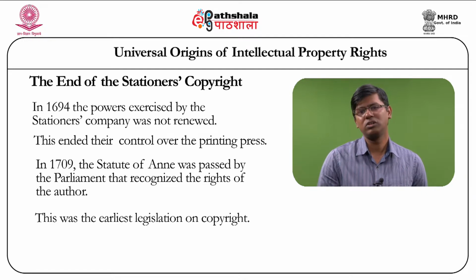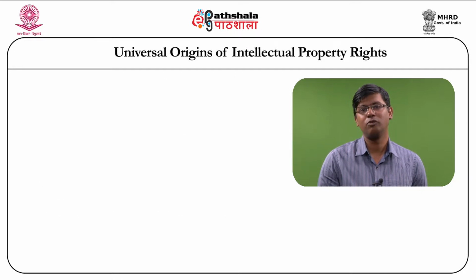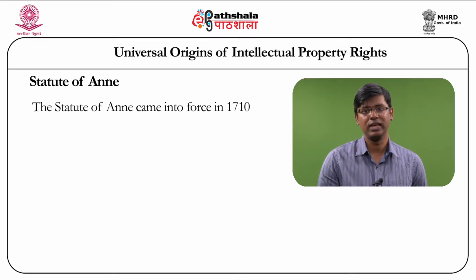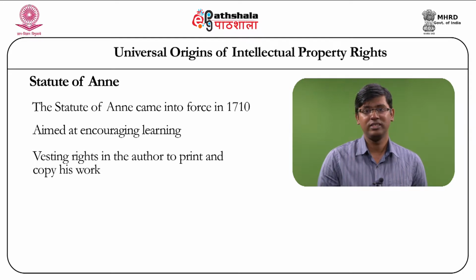Right? What was the form of the Statute of Anne? The Statute of Anne came into force in 1710. It was largely aimed at encouraging learning. It started to vest rights in the author to print and copy their own works.